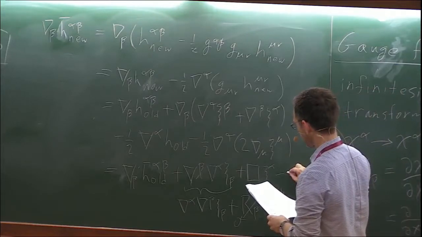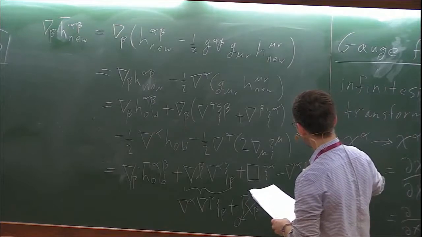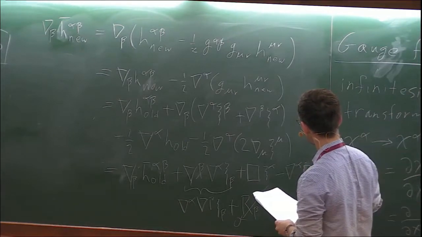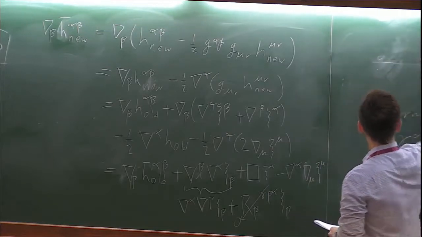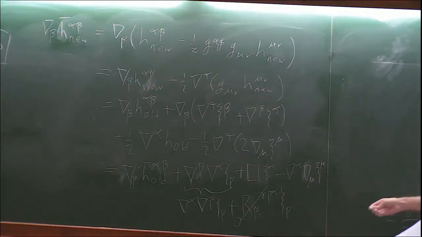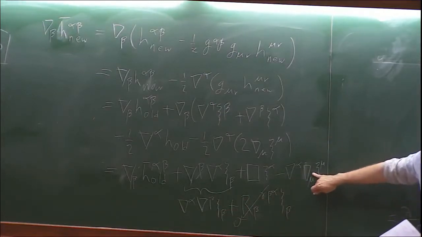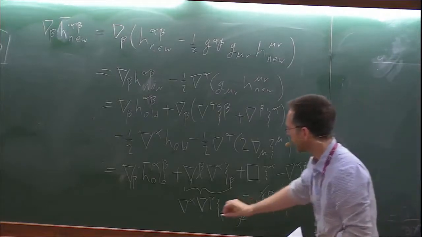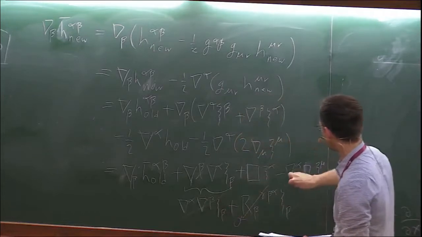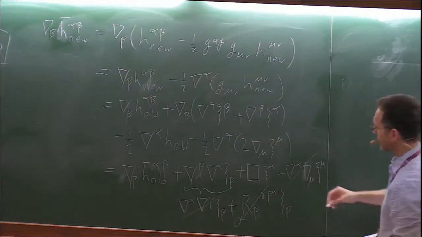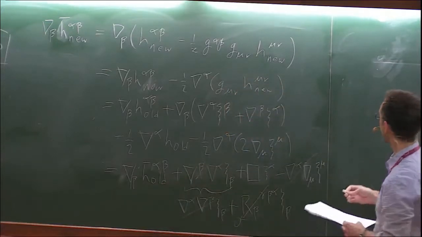minus grad alpha, grad mu, xi mu. And you can see that this term here is going to exactly cancel this term here. So that cancels that. And so all we're left with is this box operator and this divergence of the old trace-reversed metric perturbation.